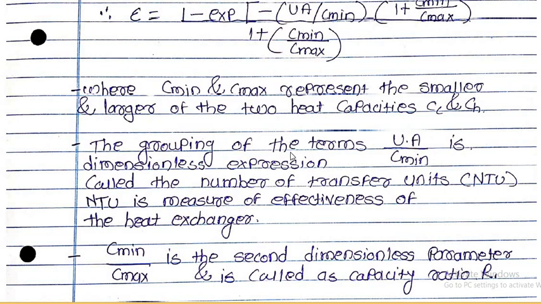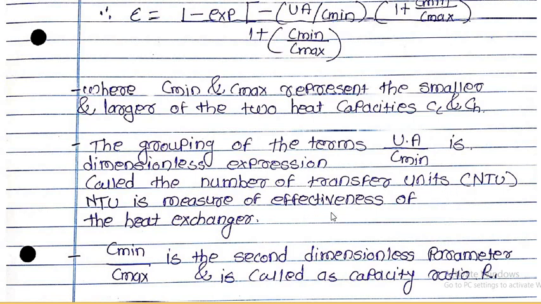Then the grouping of the term, okay, this is the important term, the grouping of the term U multiply by A divided by C minimum, okay. The term U multiply by A divided by C minimum is a dimensionless expression called the number of transfer units, that is nothing but NTU.